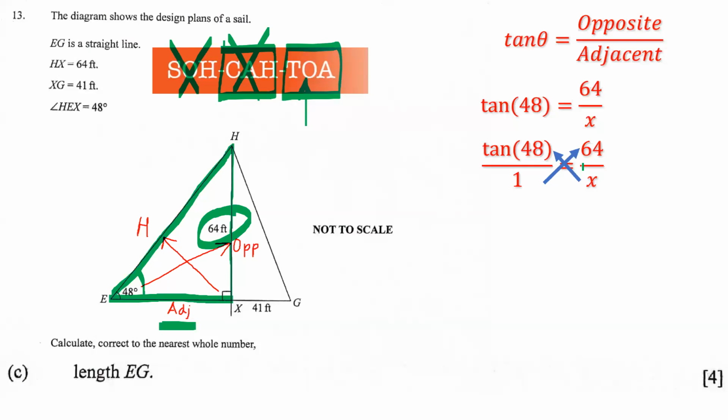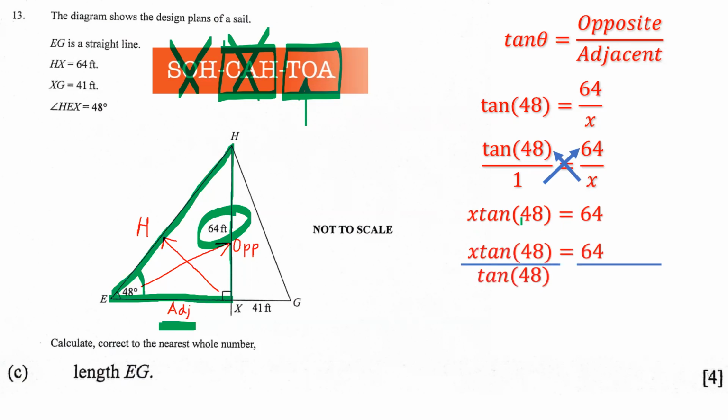So x times tan 48 is x tan 48. 1 times 64 is 64. Here I'm going to divide both sides by tan 48 because I'm trying to find x. So I don't want anything on that left-hand side. I'm trying to isolate x. So these two cancel, so we divide both sides by tan 48.